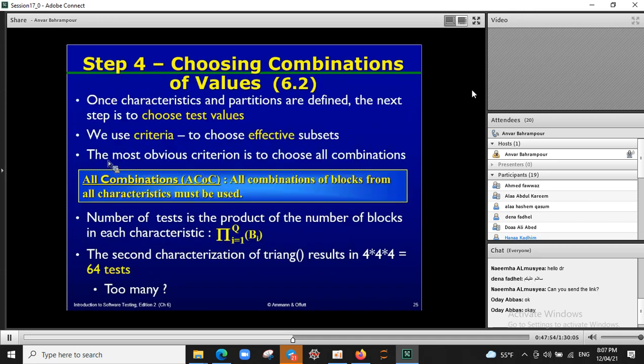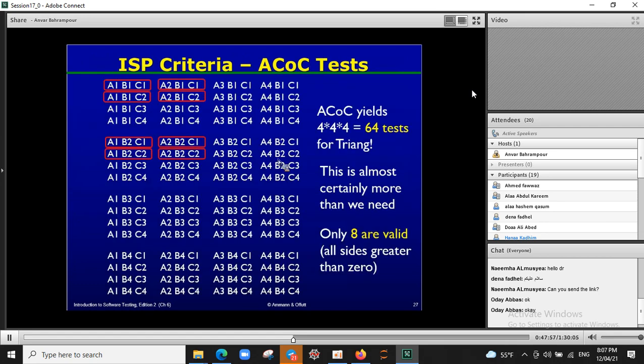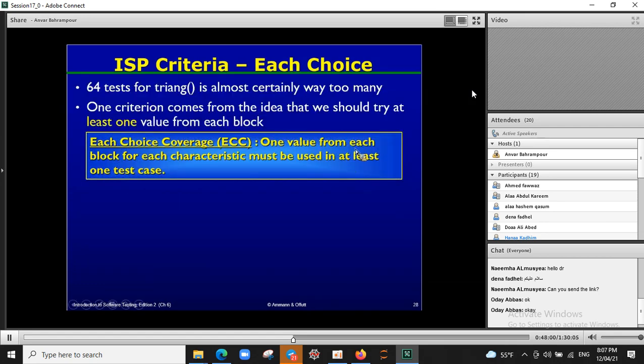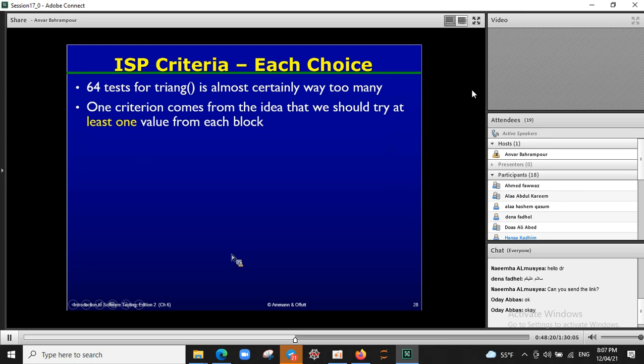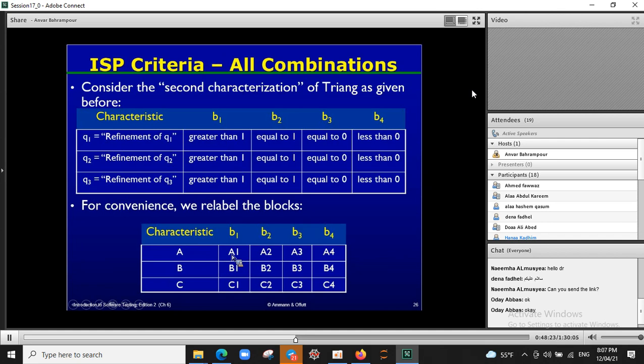So we define each choice coverage, ECC, as: one value from each block for each characteristic must be used in at least one test case.